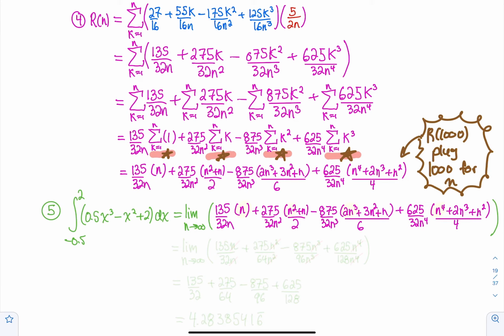So the integral between minus 0.5 and 2 of 0.5x cubed minus x squared plus 2 is the limit of Rn that we had computed in step 4. Now, because it's a limit going to infinity, and we're going to get rational expressions, you just need to keep the highest degree term.